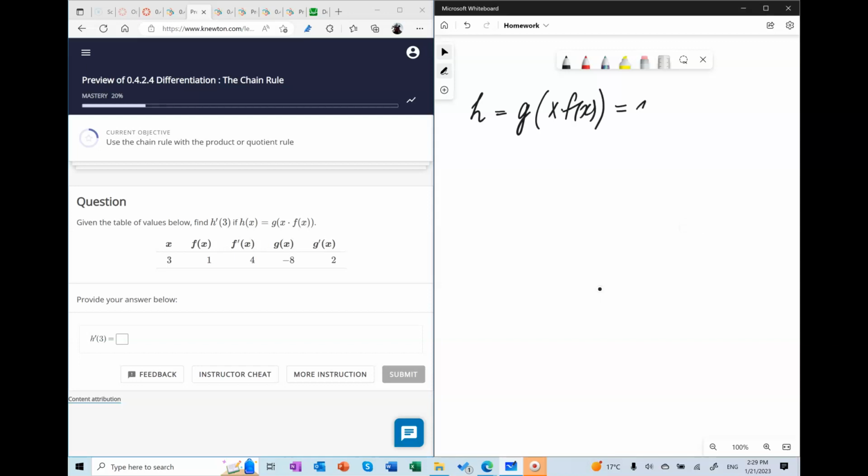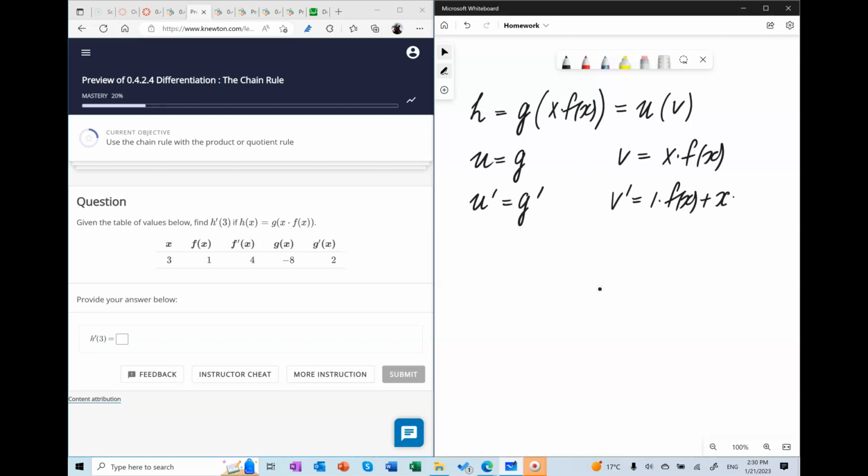So if we're going to write it as a composition, my external function is g, and my internal function is v, so it's the product, and the derivative of u is just the derivative of g, but the derivative of v by the product rule is going to be the derivative of the first term, which is 1 times f of x plus x times f prime of x.